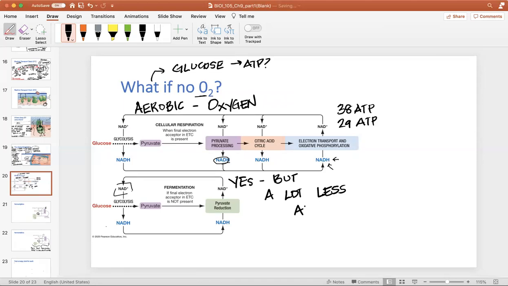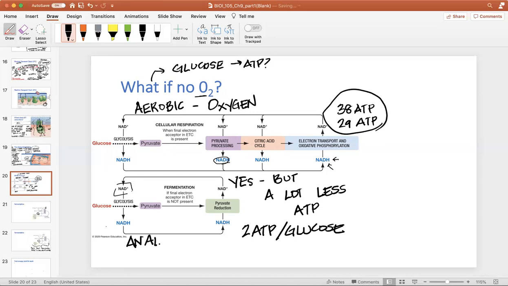As a matter of fact, you only get 2 ATP per glucose if you have no oxygen, compared to 38 ATP per glucose if you have oxygen, okay? So this is anaerobic, or without oxygen.